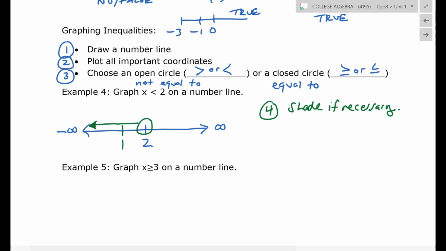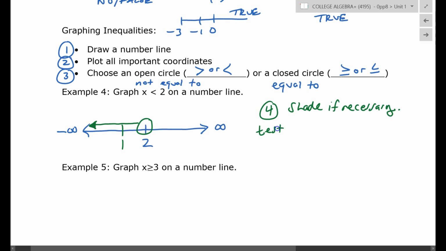So what I did here, guys, to determine which way is I took a test value. In this case, I did a test value of x equals 1. I'm showing you right now. So I did a test value. In this case, I chose 1. So I know that this is my problem. Is 1 less than 2?